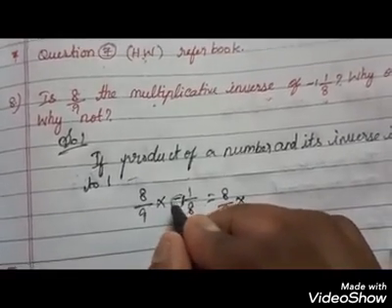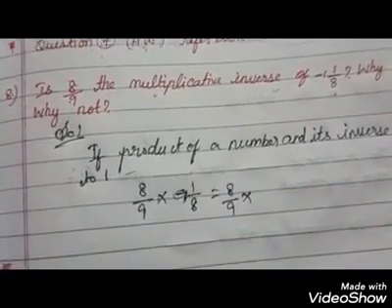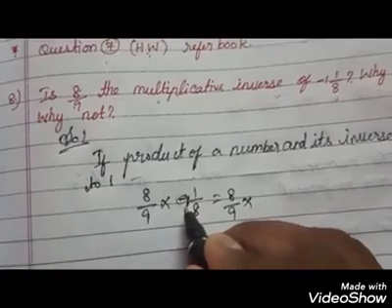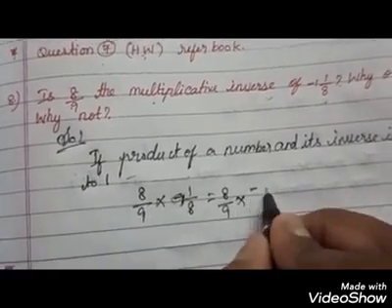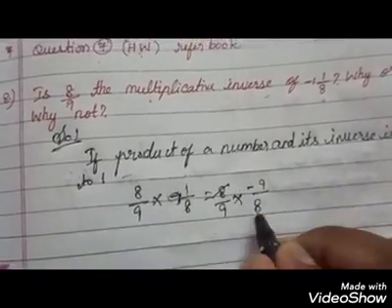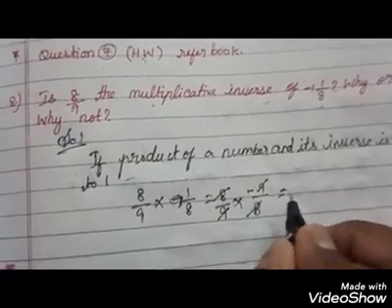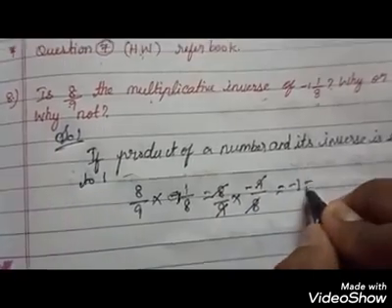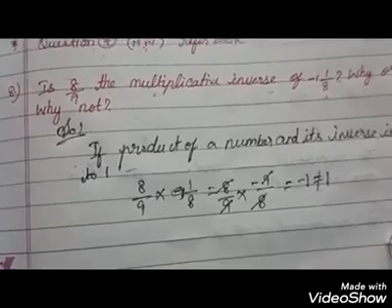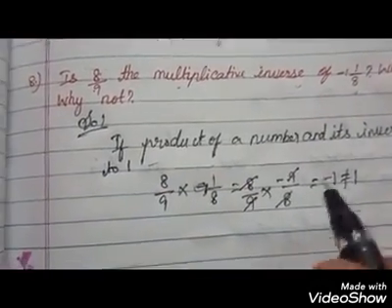So minus 1 you consider outside. You have to change the mixed fraction into an improper fraction. 8 ones are 8, 8 plus 1 is 9. So minus 9 by 8. Now 8 will get cancelled, 9 will get cancelled. You get minus 1, which is not equal to 1. 1 should be a positive 1, but here you get minus 1.